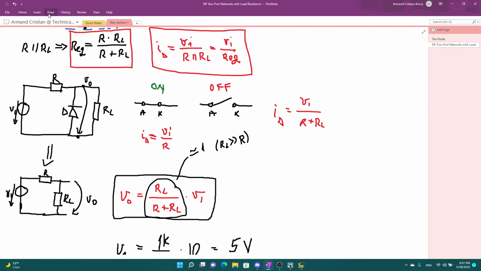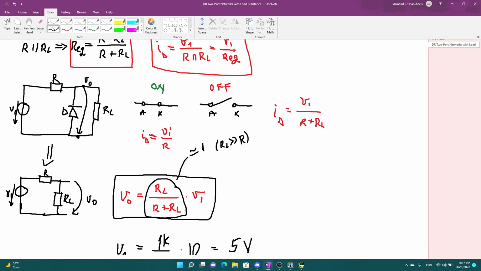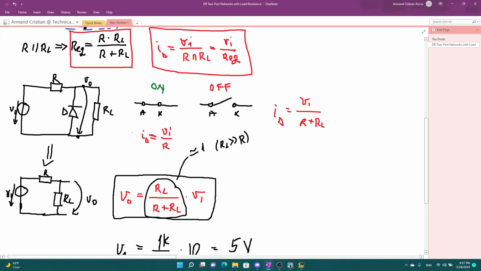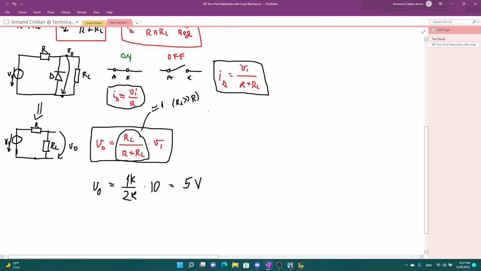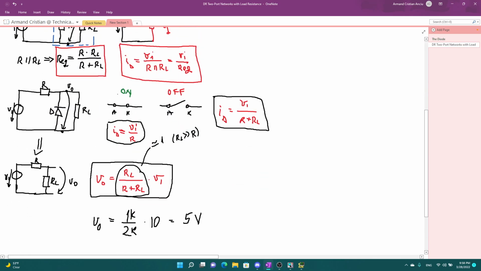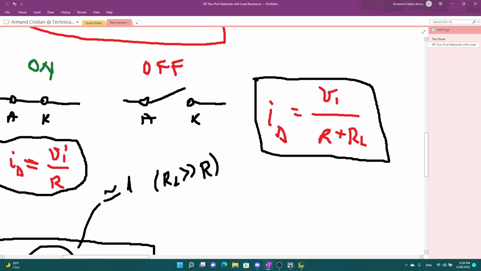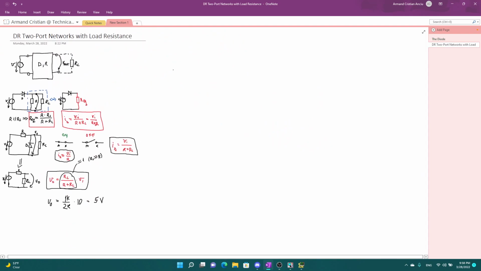So these are two more notions that you should remember. The fact that there is current consumption even when there is no voltage across the load can also be considered a drawback. So make sure to remember that as well.